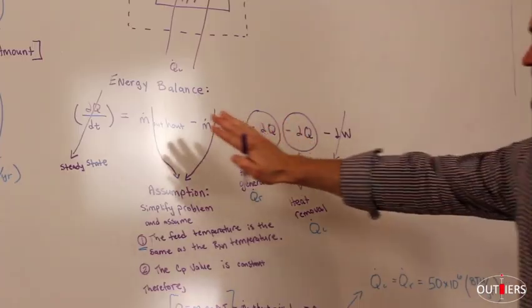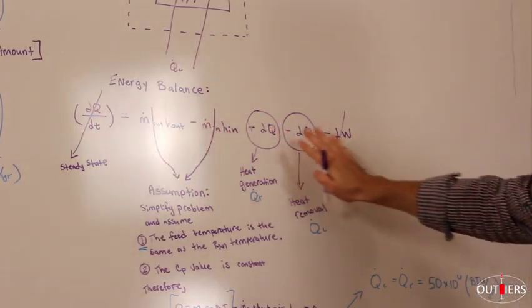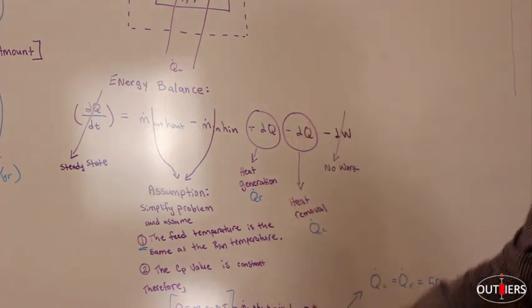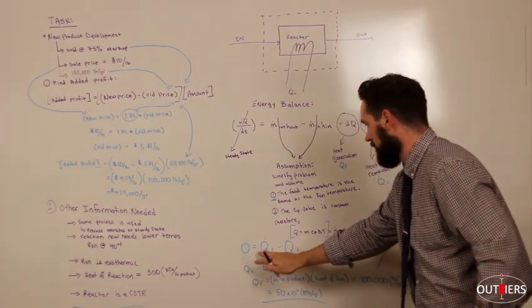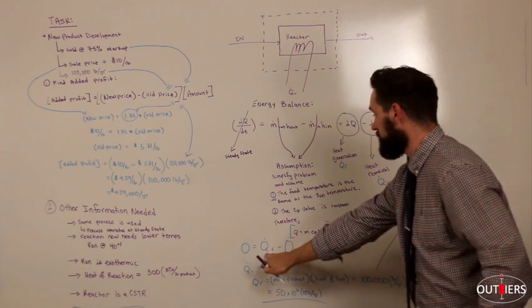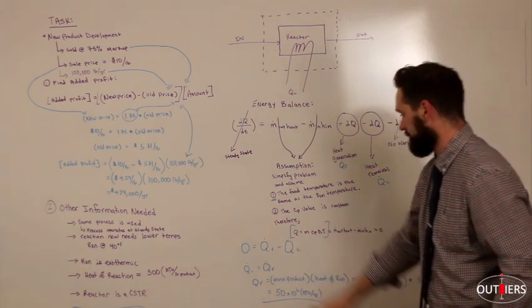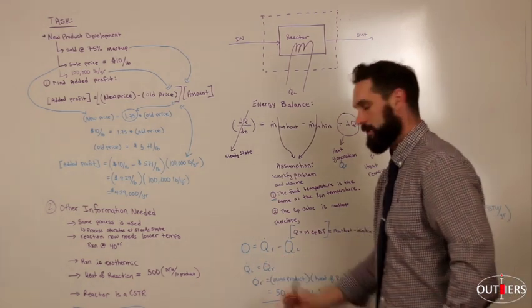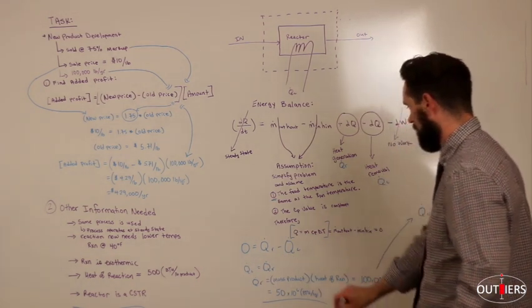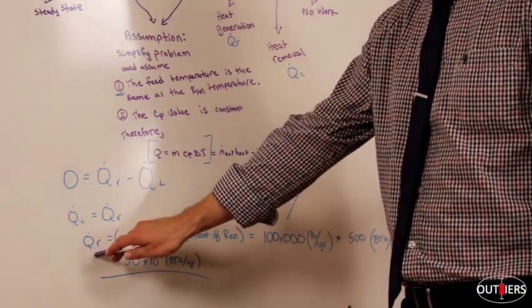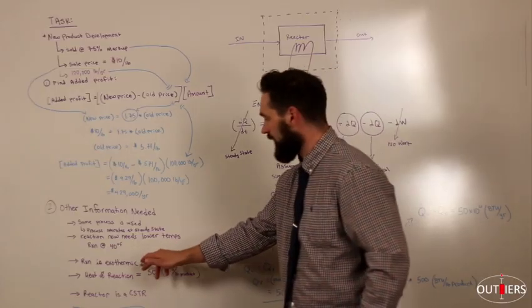Now, once we've made all of our assumptions and simplified, what we're left with is 0 equals the heat of generation, QR, minus the heat of removal, QC. Simply, QC equals QR. Now, QR can be found because we know that the reaction is exothermic.